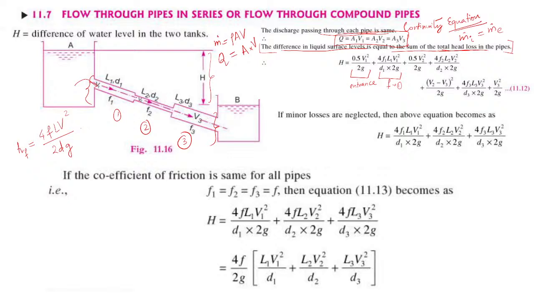Now after that, the fluid passes from pipe 1 to pipe 2. This is very important: there is a transition between 1 and 2, and the pipe is getting contracted.